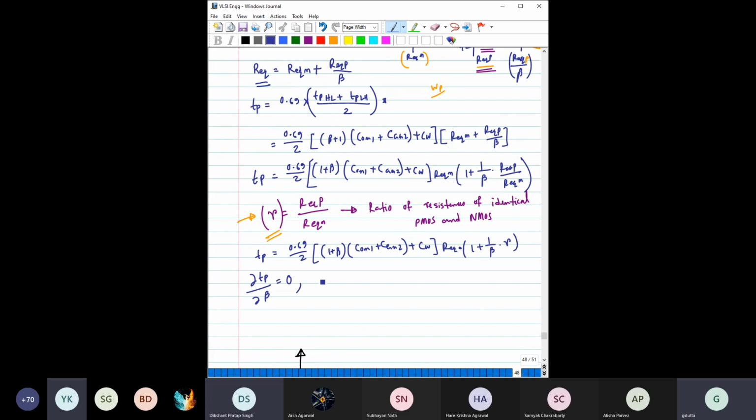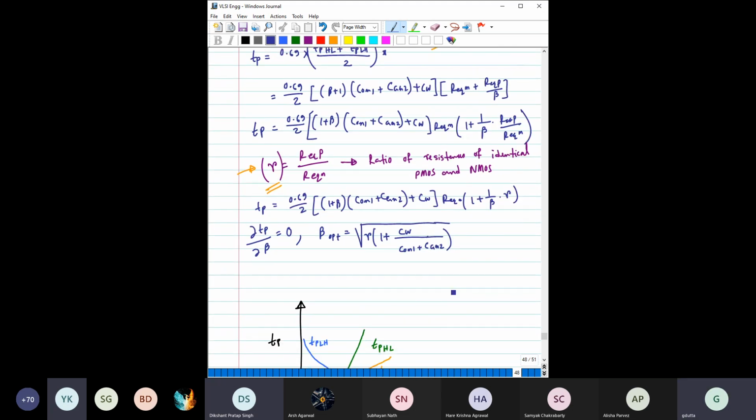So if we do that, then we will get this optimized value of beta, or the expression of this optimized beta, something like this: 1 plus the CW over CON1 plus CGN2, right? So please do this, make it equal to 0 and see whether you are getting this or not.